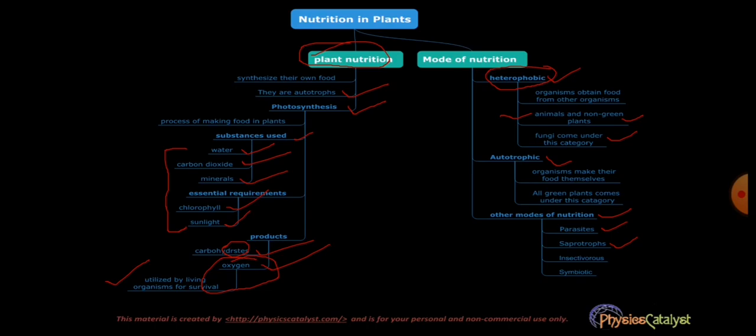Now, insectivorous plants. The third one is the insectivorous plant. Some plants depend upon insects for food, so they are known as insectivorous.